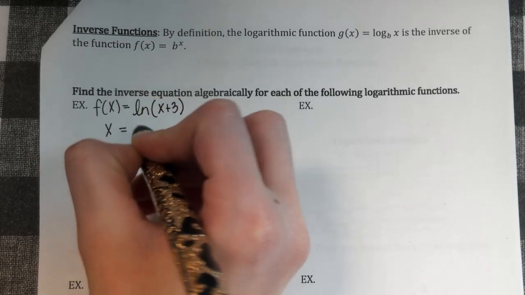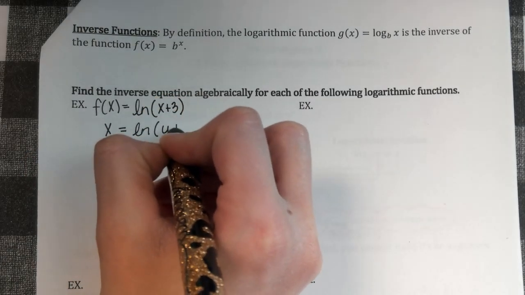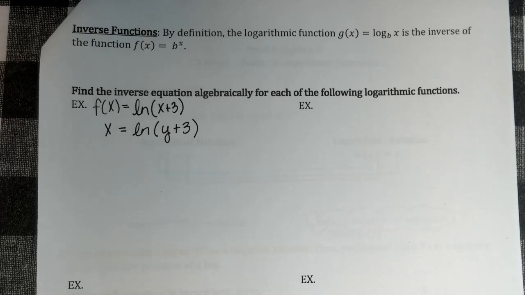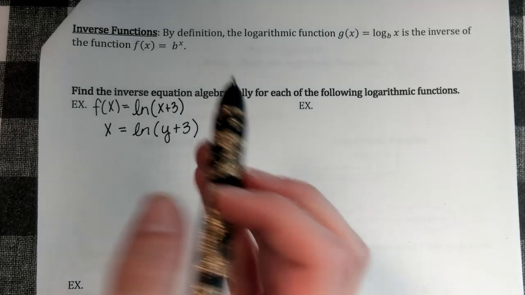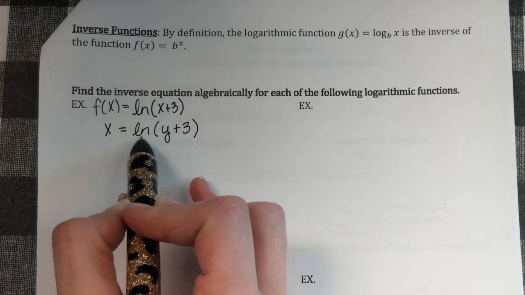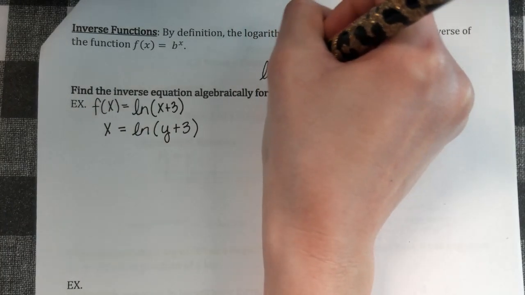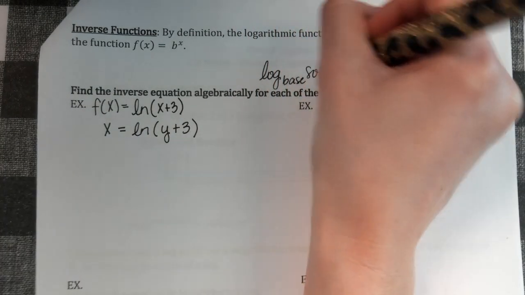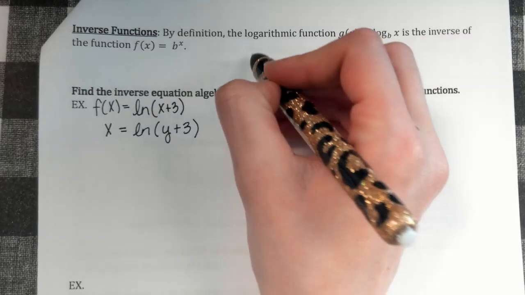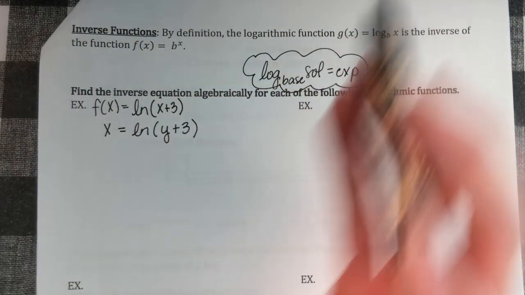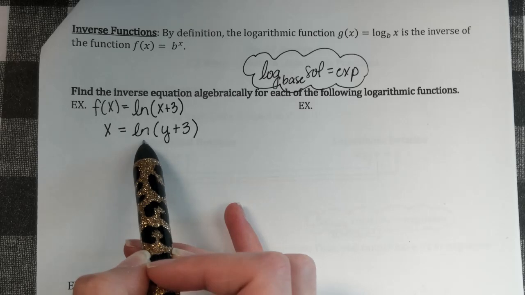So x equals natural log of y plus 3. Once you switch your x and y, you're going to rewrite that. If I start with logarithmic form, I'm going to rewrite in exponential. If I start with exponential, I'll rewrite in log. If I'm doing log base solution equals exponent, if I know that, that's what I'm going to use to rewrite this. I have natural log, so what's my base?